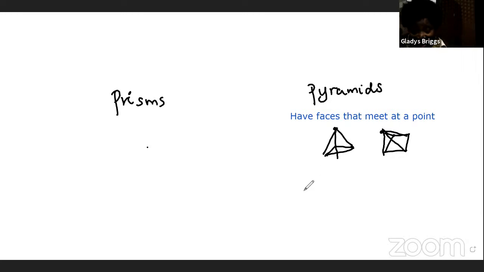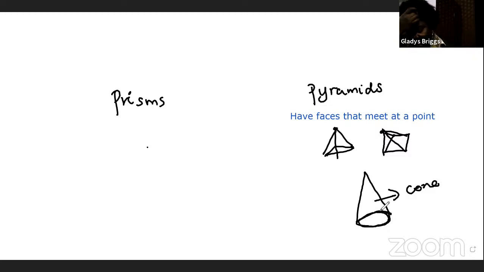And including this one, but this one would be slightly different. It's in that category, but especially called a cone. We won't call it a pyramid, but it's in this category. It's called a cone, so we differentiate it from the other ones, because it has a circular base, yeah?